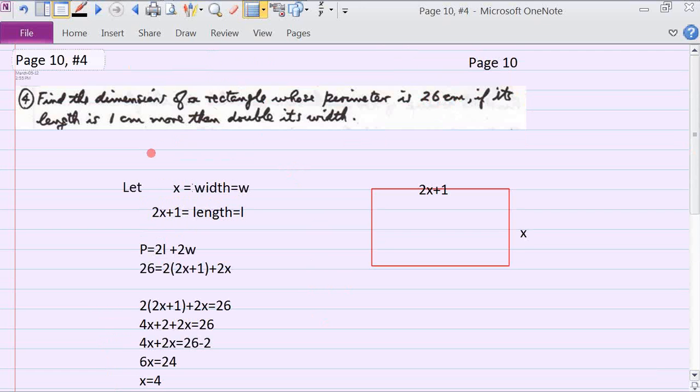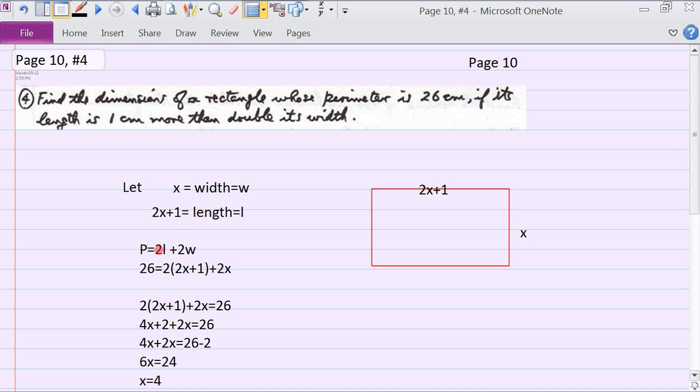So here, the key part is to define the original statement. And let's read it again. Find the dimension of a rectangle whose perimeter is 26 if its length is 1 centimeter more than double its width. So the length is more complicated, as I said before, but just to recapitulate, we set the x to the width, and then we define the length.